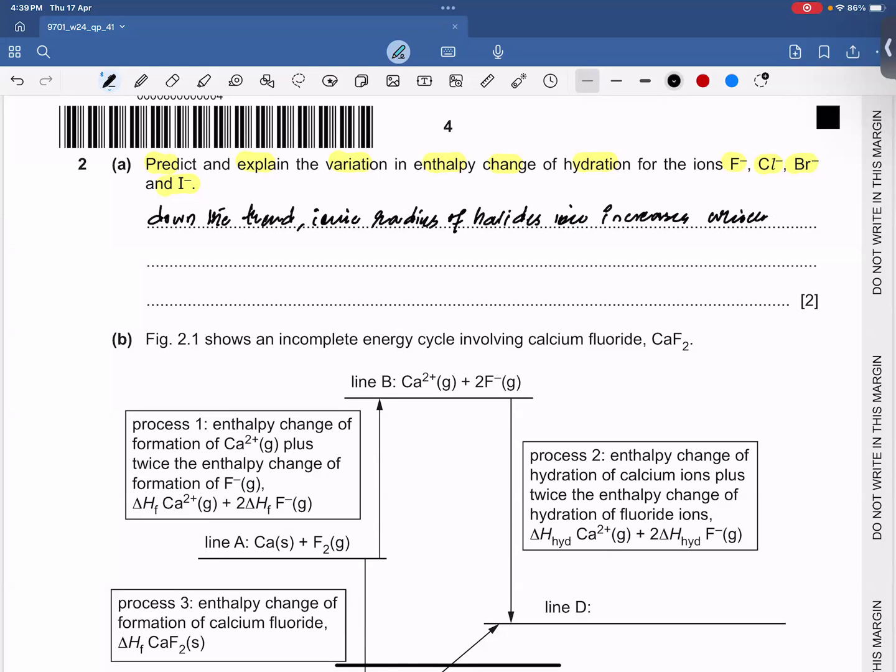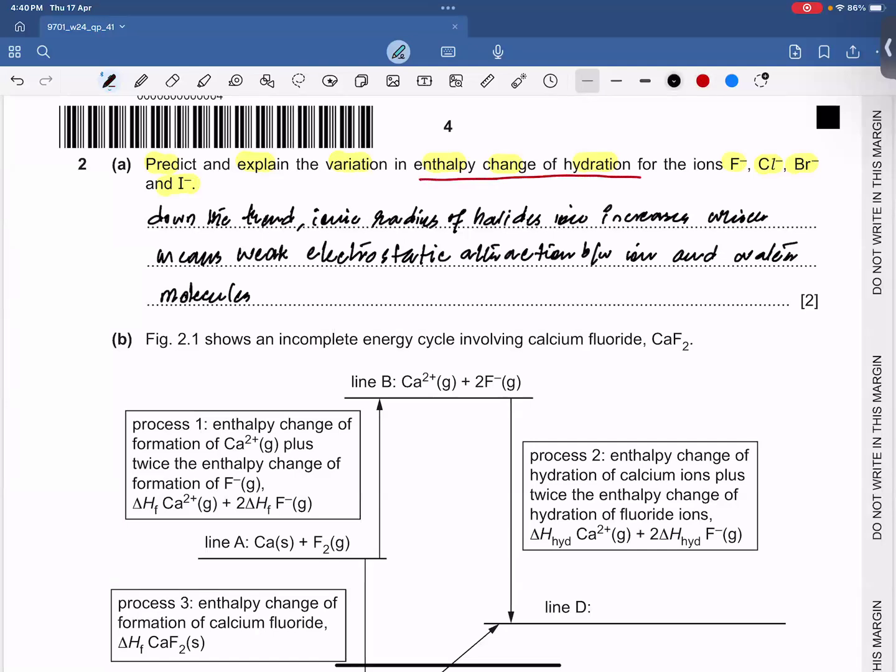which means weak electrostatic attraction exists between ion and water molecule, which is why hydration enthalpy becomes less exothermic.